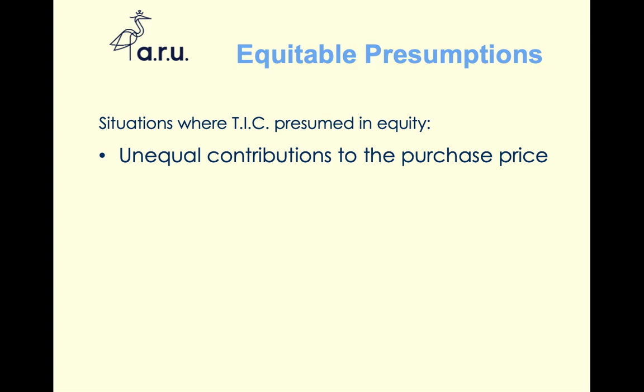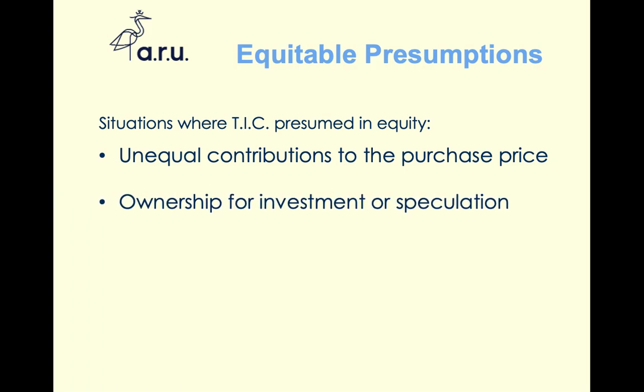So there's an indication that if people have paid in unequal contributions, then they aren't a collective. They are hopefully wanting just their share back. So if somebody puts in 80% and somebody puts in 20%, equity will presume that they are tenants in common for their percentage share and not within the brackets.